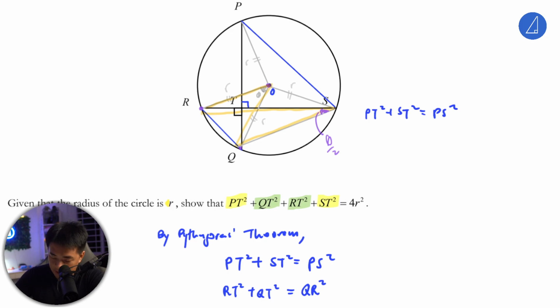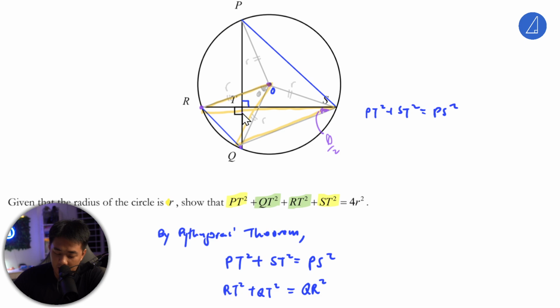Once it's theta over 2, we know that this is 90 degrees because it is an adjacent angle on a straight line. So then this angle here in this triangle will be 180 minus 90 minus theta over 2.